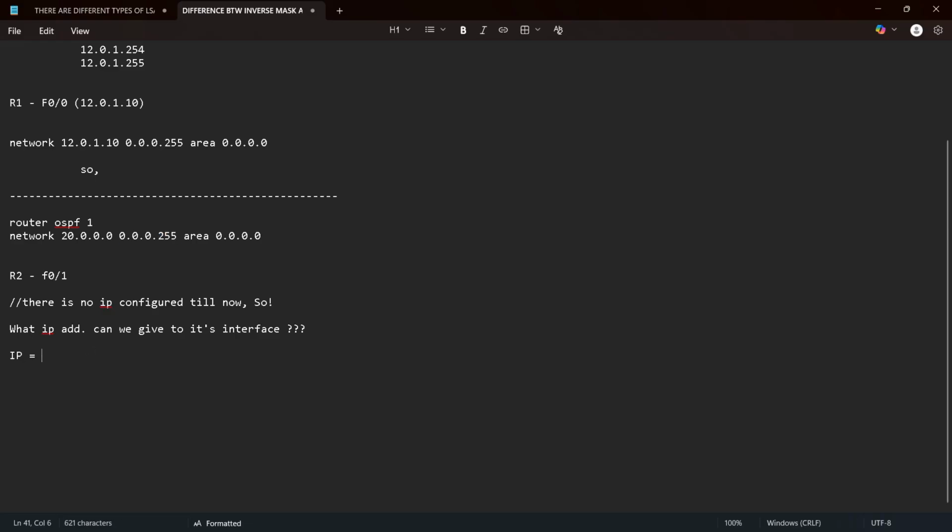The IP address that we can give is 20.0.0 and anything ranging from 1 to 254, right? Because this tells me that this is the network part and this all ones, or 255, is my host part. So I can give anything I want from 1 to 254. 0 is assigned for our network address and 255 is assigned for our broadcast address.